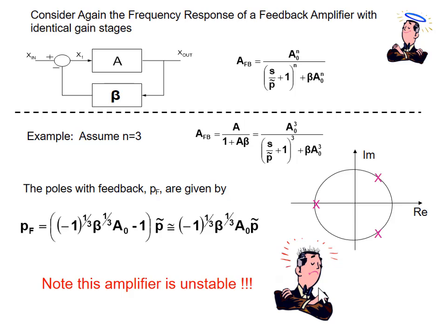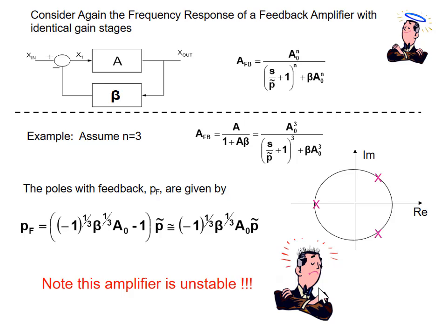So then I can say (S over P tilde plus 1) cubed is equal to minus beta A naught, or S over P tilde plus 1 is equal to the cube root of the right-hand side, and the cube root of the product is the product of the cube roots, so it's minus 1 to the 1/3 times beta to the 1/3 times A naught to the 1/3.